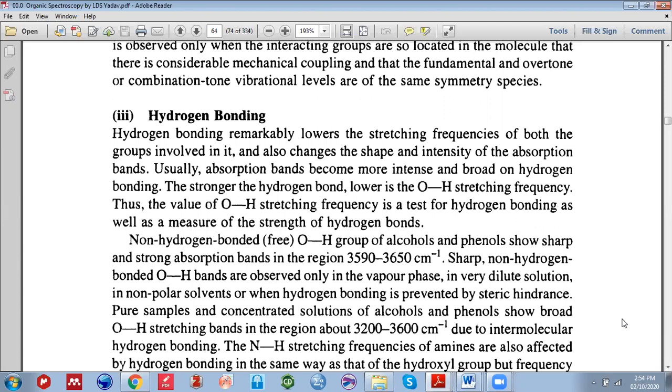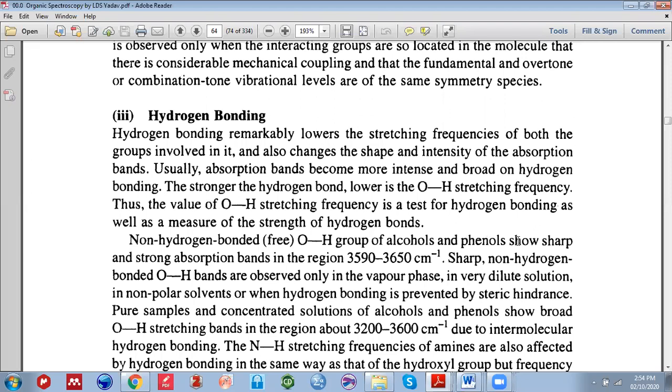If we see alcohol, in alcohol strong hydrogen bonding occurs, and due to hydrogen bonding that peak occurs as a broad peak. For non-hydrogen bonded cases, the OH stretching frequency of alcohol and phenol shows a sharp peak.